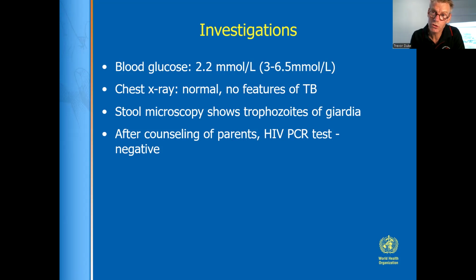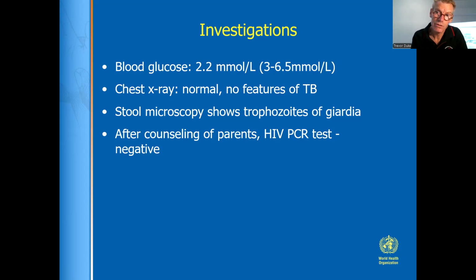Kobe had a stool microscopy, and that showed trophozoites of Giardia, and Giardia is a relatively common infection causing diarrhea, and it often causes recurrent diarrhea because it doesn't necessarily clear from the gastrointestinal tract, so it may cause recurrent or chronic persistent diarrhea in children with severe malnutrition, particularly.